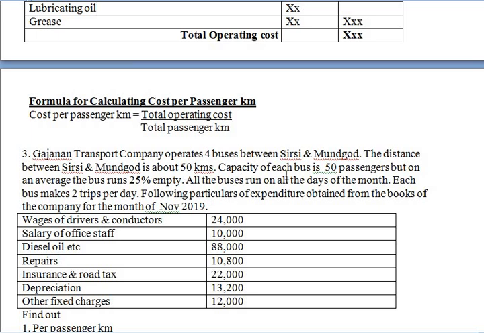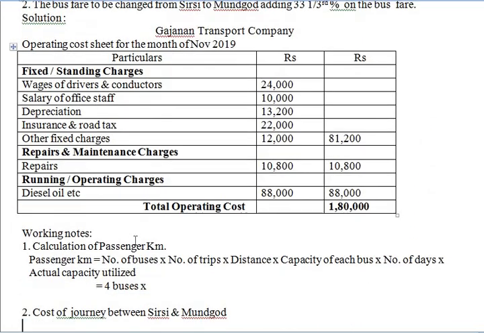Okay. A capacity of each bus is 50 passengers, but on an average the bus runs 25% empty. All the buses run on all the days of the month. Each bus makes 2 trips per day.